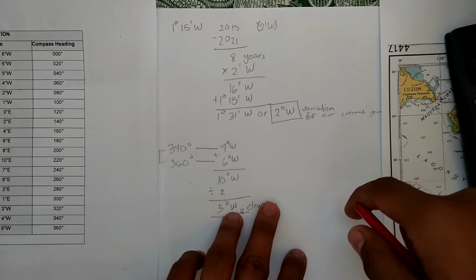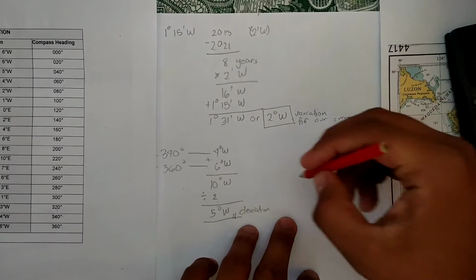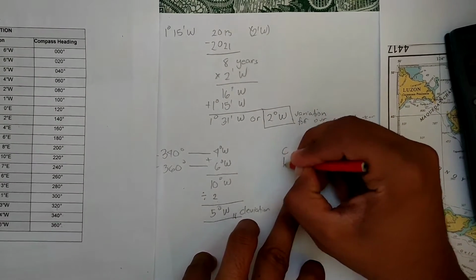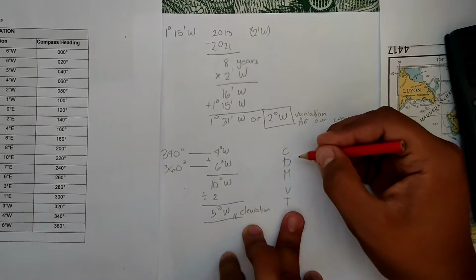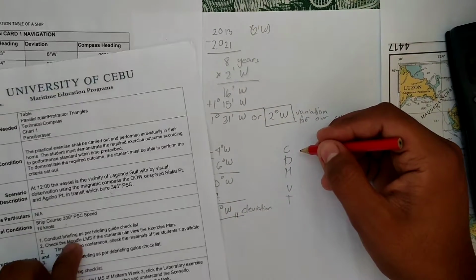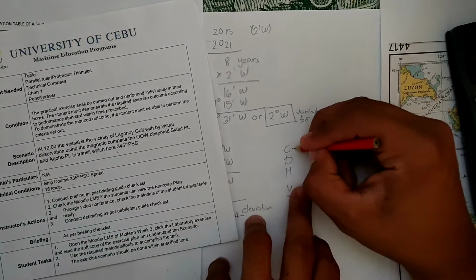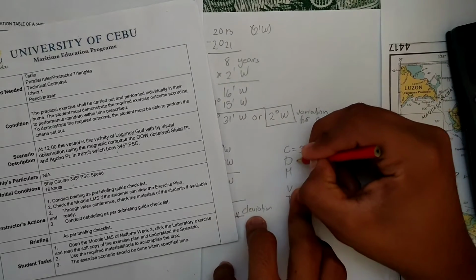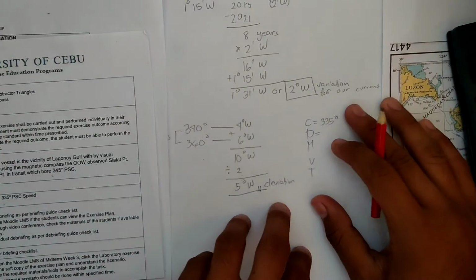So the next thing, we will now correct our compass. So we will use C, D, M, V, T, and we have our compass course here. We have 335 degrees for our compass course, and we will get the deviation of 335 degrees.